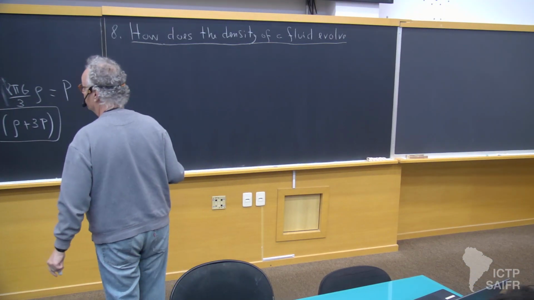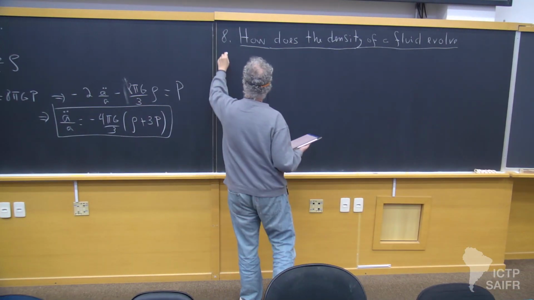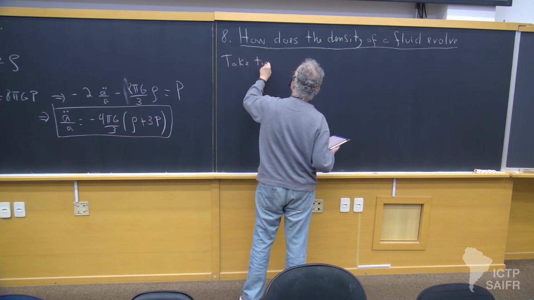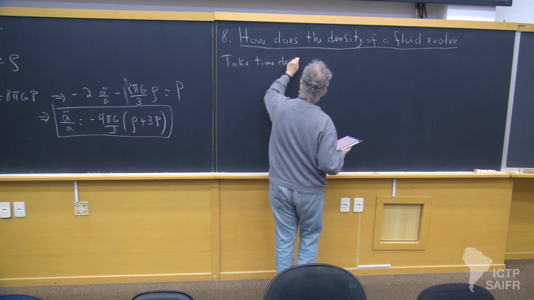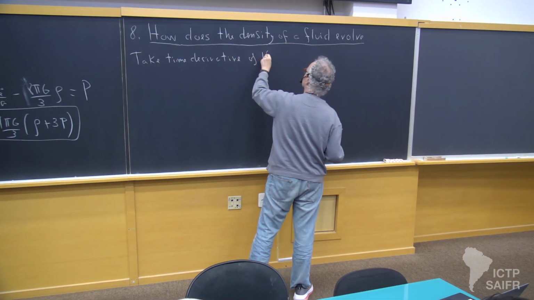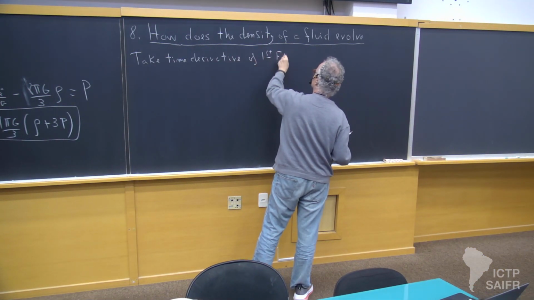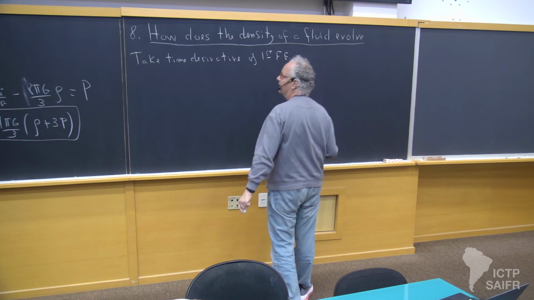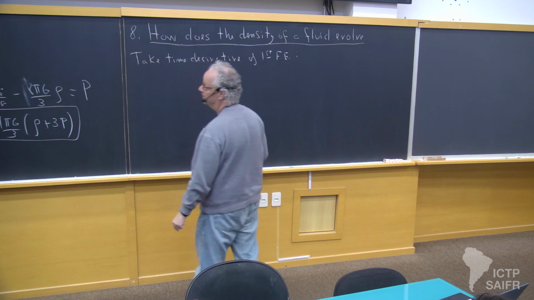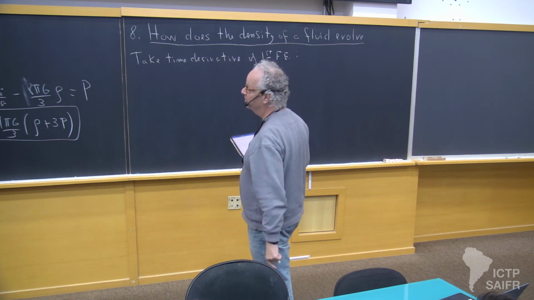So that's what we're going to do: take the time derivative of the first Friedmann equation. If you take the time derivative of the first Friedmann equation, so now you have to help me.